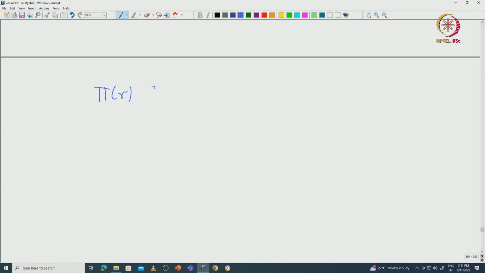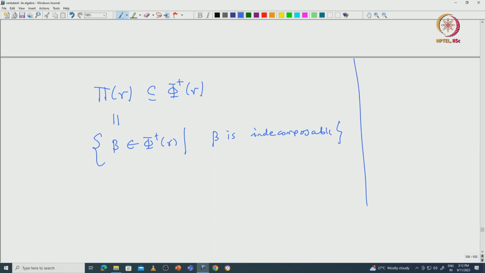What is pi of gamma? It is a subset of phi plus of gamma, consisting of those elements that cannot be written as a sum of again elements from phi plus of gamma. That is, those beta in phi plus gamma such that beta is indecomposable. For that we need to define decomposable.